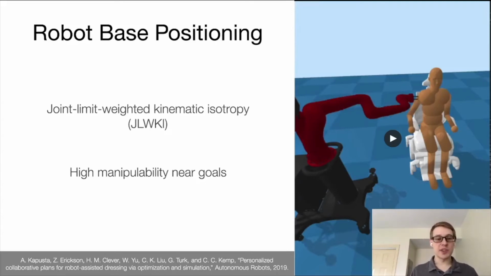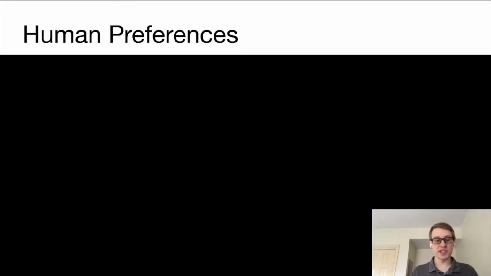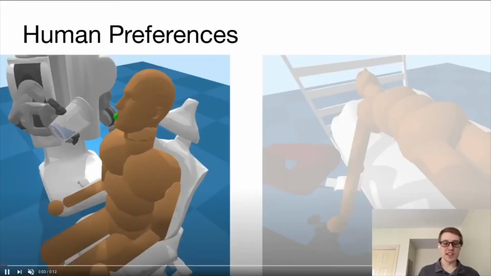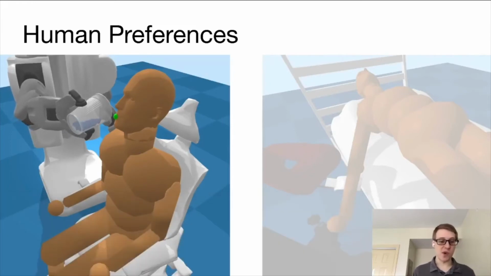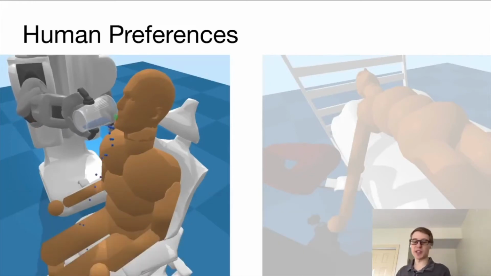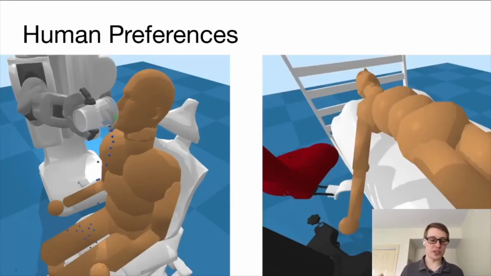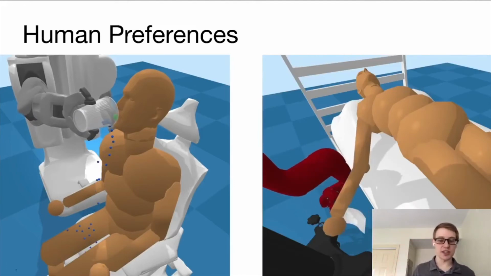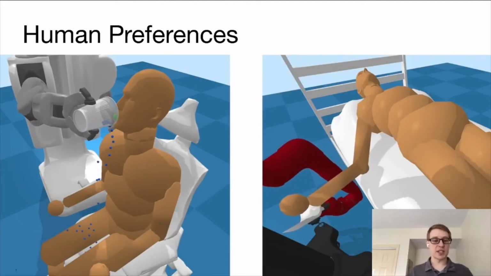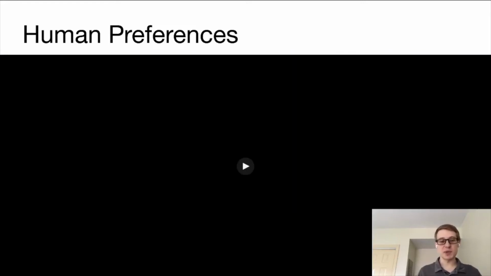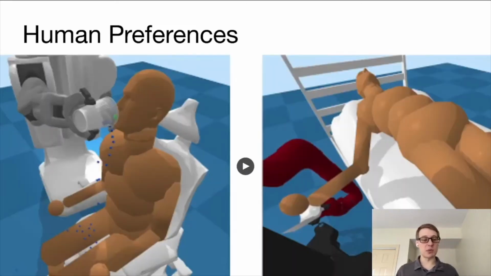Another thing that comes with Assistive Gym is human preferences. When people are receiving assistance, they generally prefer not to have water spilt all over their bodies, or for robots to apply large forces or large pressures onto their body. So we've included a set of human preferences in Assistive Gym, and these preferences impact a robot's received reward.